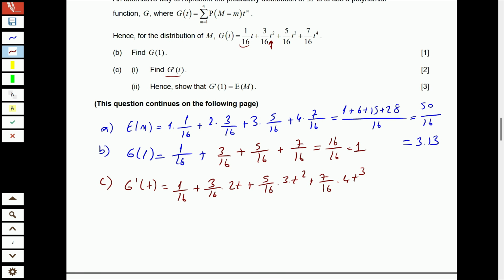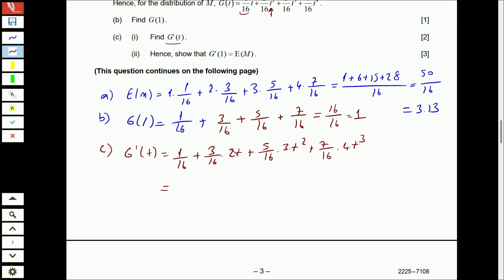We can simplify this, for example cancelling the 8 and 2. 1 over 16 plus 3t over 8 plus 15t squared over 16 plus 7 over 4 t to the power of 3.